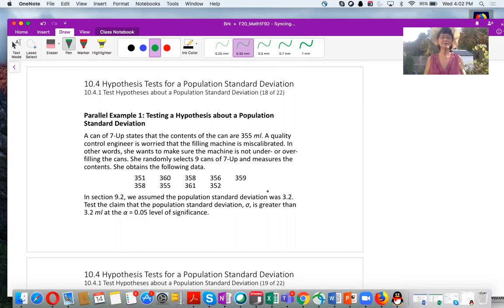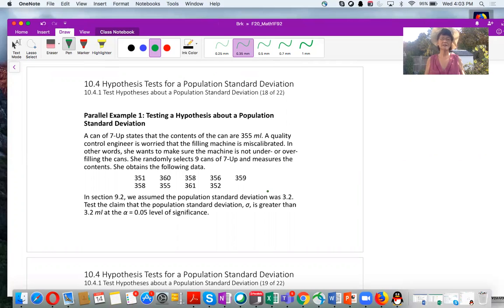Now let's look at an example. A can of 7-Up states that the contents of the can are 355 milliliters. A quality control engineer is worried that the filling machine is miscalibrated. In other words, she wants to make sure the machine is not under or overfilling the cans. She randomly selected 7 cans of 7-Up and measured the contents, and the following presents the data.